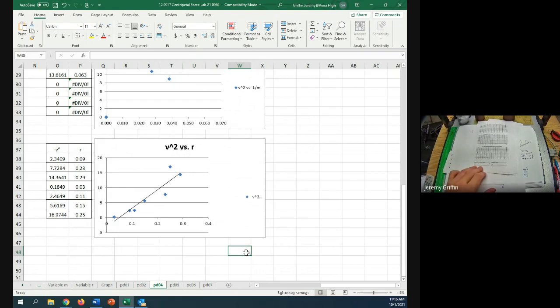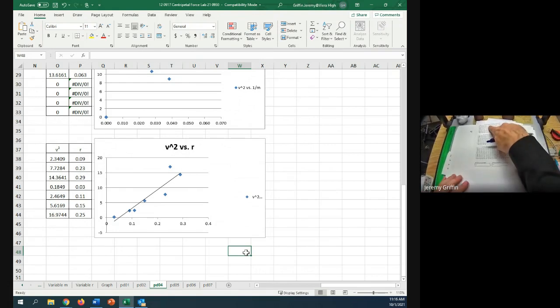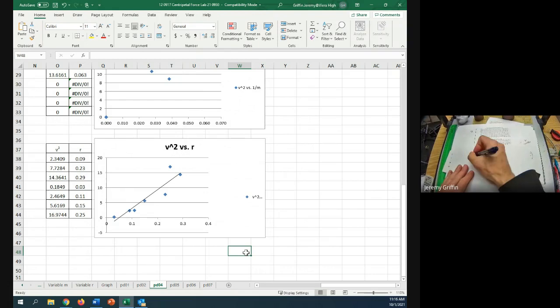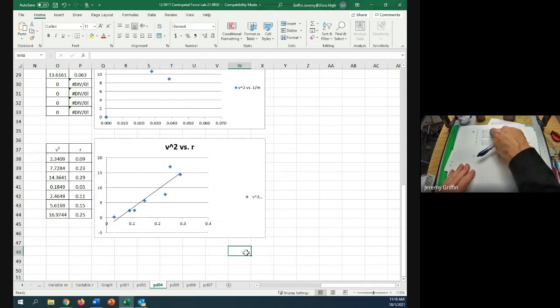So the bottom left box says, how are those four variables related? Force of the hanging one, mass of the swinging one, the speed of the swinging one, and the radial size of the circle. How are those related? And the three graphs above exactly link to the answer. So the top graph says that the square of the speed is directly proportional to the weight hanging.